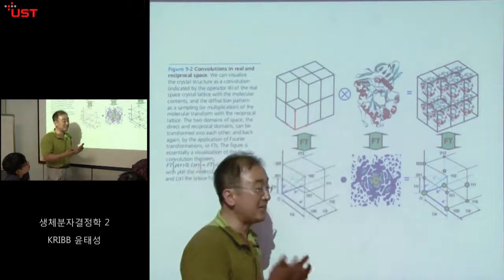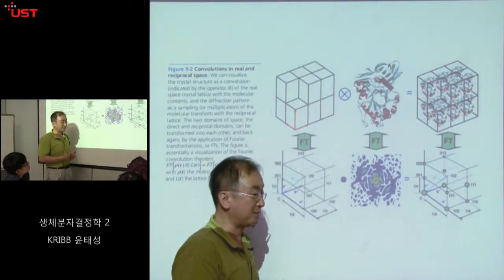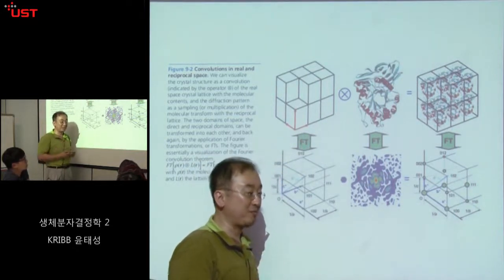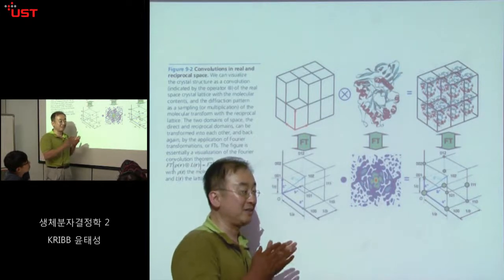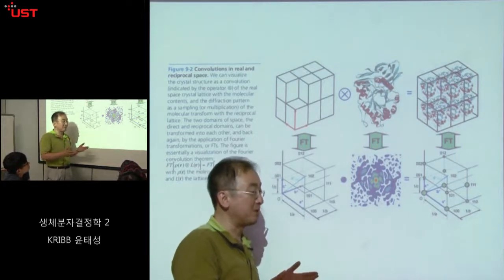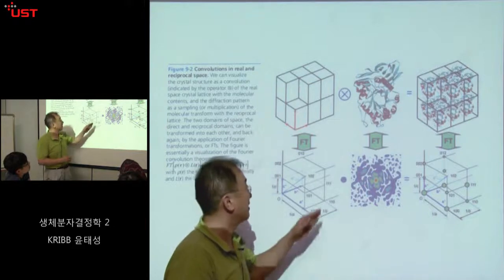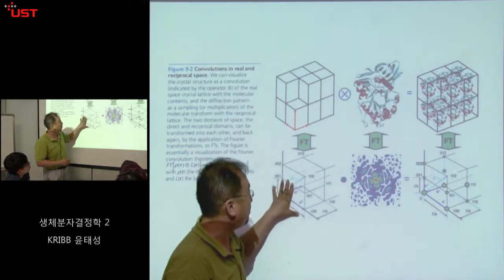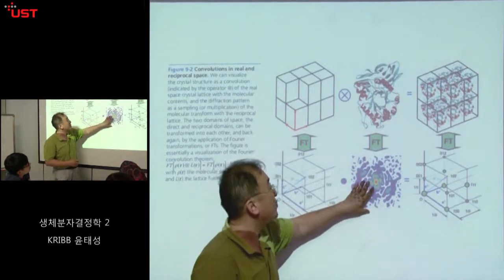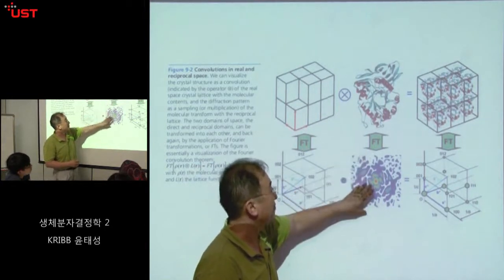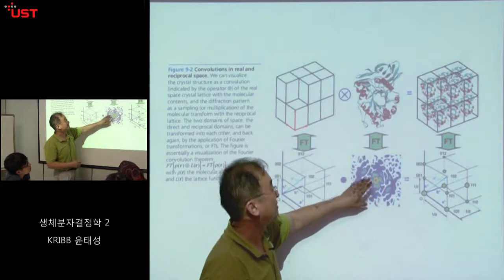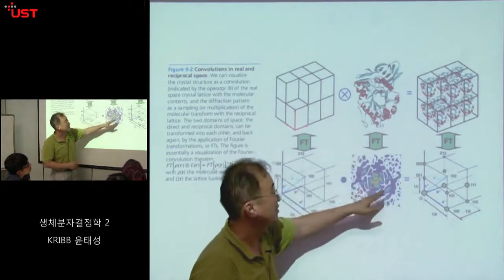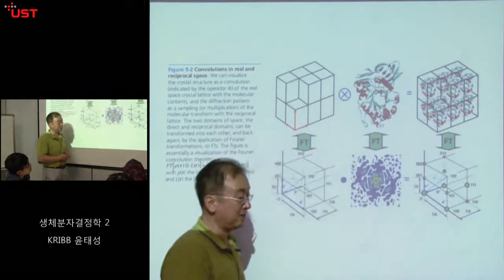Convolution is a tricky mathematical operation, but multiplication is multiplication, just like number multiplication. This is function multiplication. So the multiplication of the reciprocal lattice and the Fourier transform of the protein structure is equal to the structure vector.